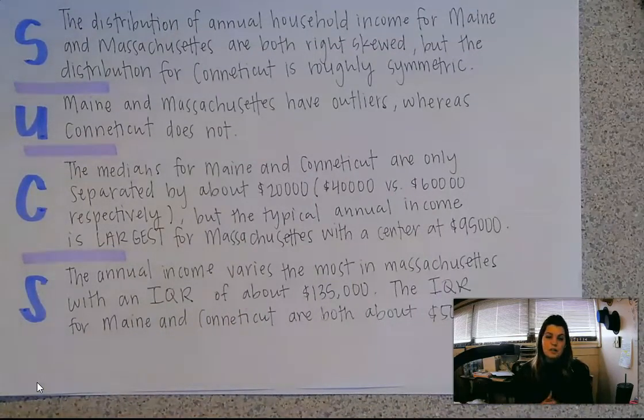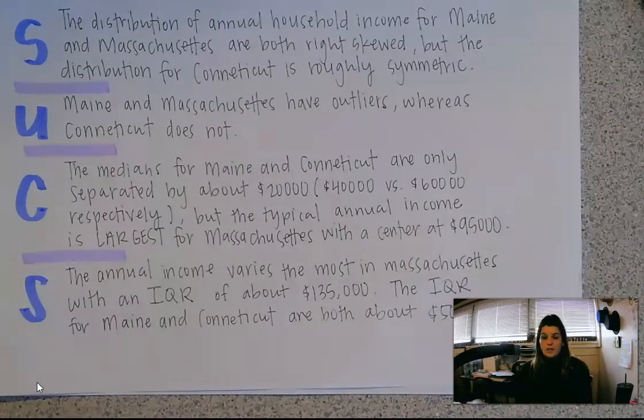So for center, you could say the medians for Maine and Connecticut are about the same, or are not that far apart, but the median for Massachusetts is the largest.